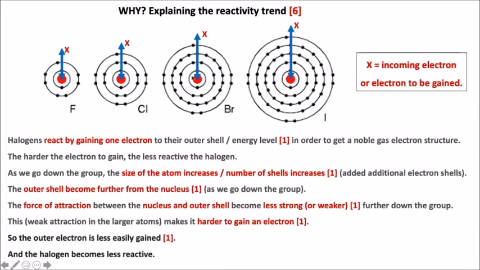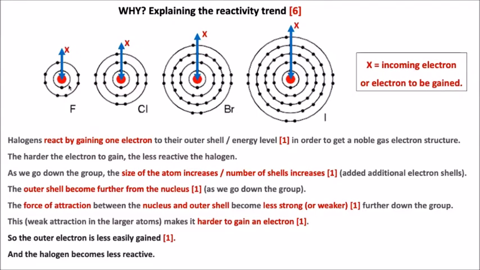Because the nucleus overall is positively charged, the incoming electron is attracted by this positively charged nucleus. So the closer the electron to be gained to this positive nucleus, the more attractive its power is. In other words, the more strongly it can attract the electron. So that is what this diagram looks like, and that is what it means.